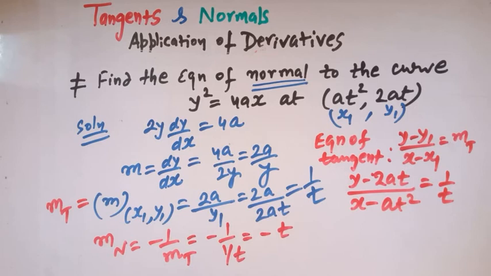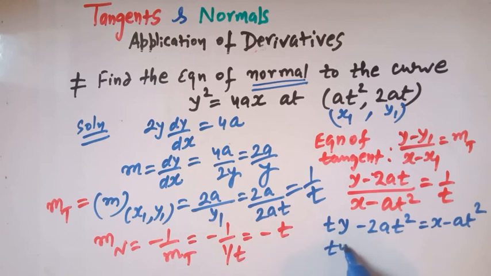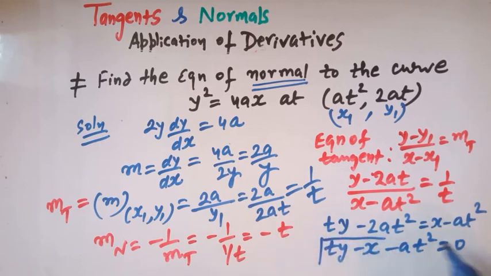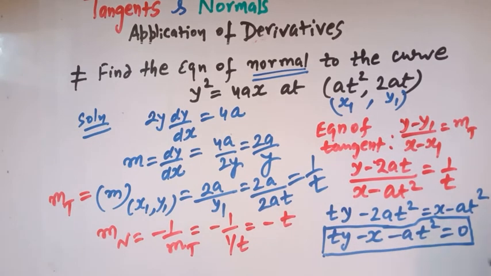So here we'll cross multiply. We'll get ty − 2at² = x − at². So we have ty − x, and we'll take −at² here to the left hand side. So we have −at² = 0. So this is the required equation of tangent. Clear? This is the tangent.